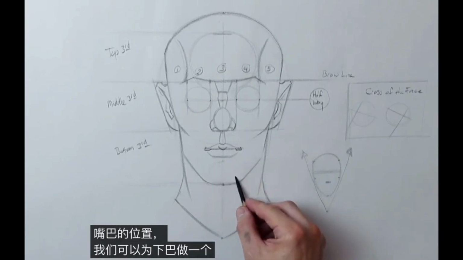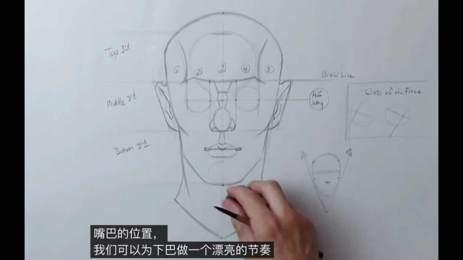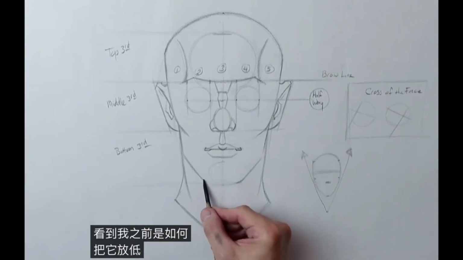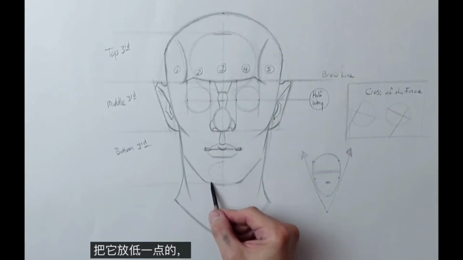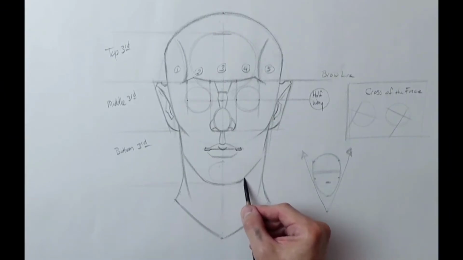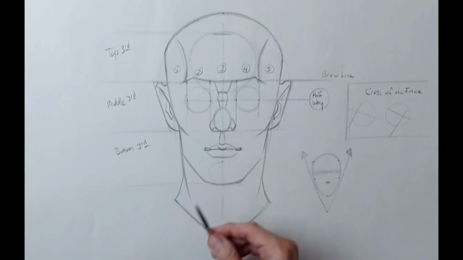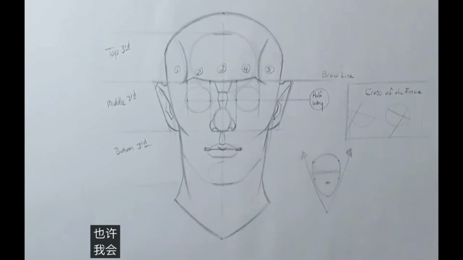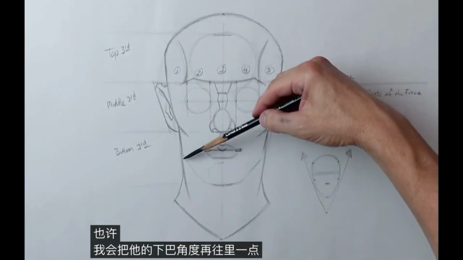And we can do a nice rhythm for the chin. I'm going to bring his chin up a little bit. I can see how I kind of dropped it down a little bit earlier. Maybe I'll bring the angle of his jaw in a little bit more.